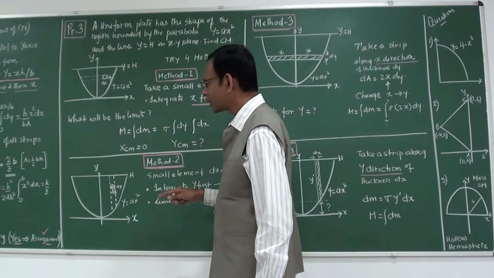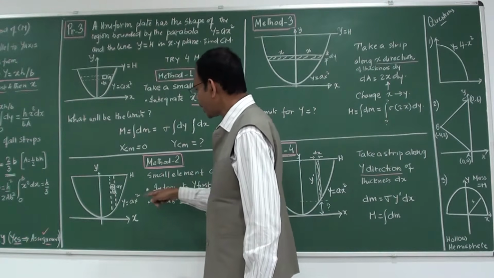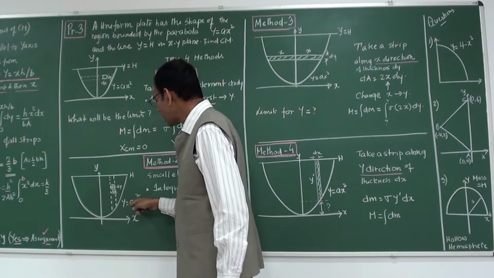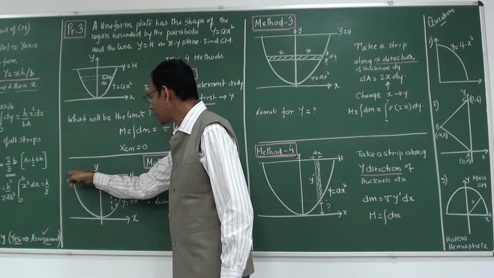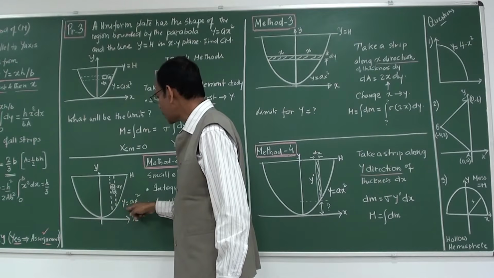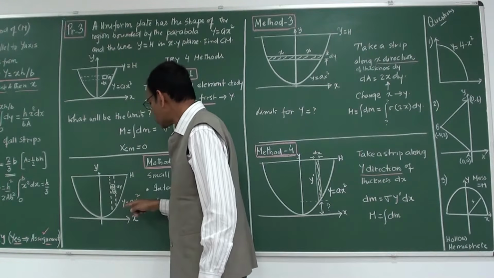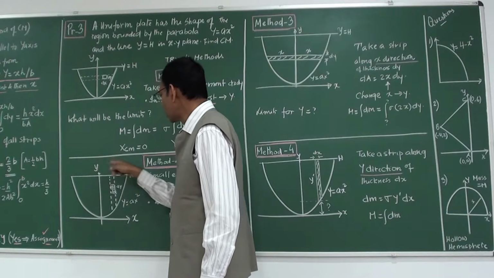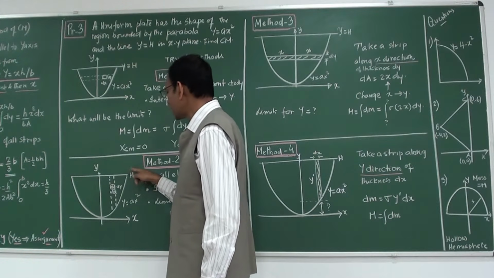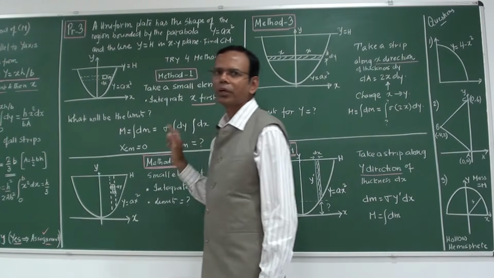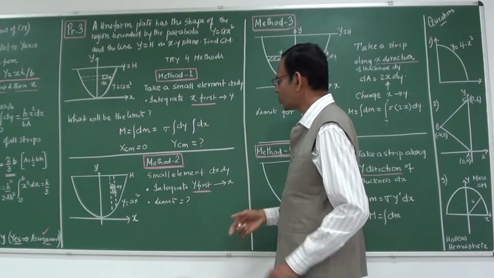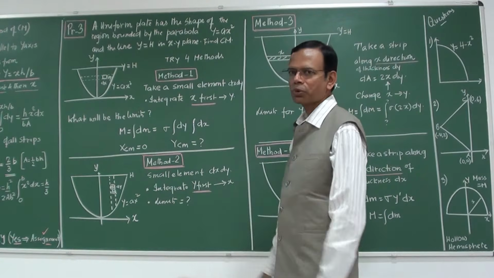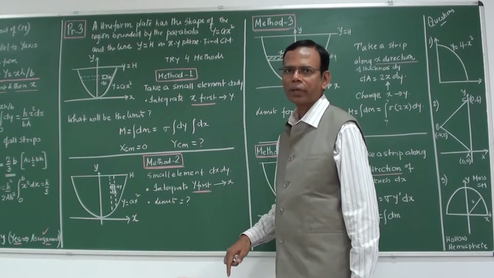Because you are taking the limit of x, x at this point is root of y by a. Now what is y here? y here is h. So minus root of h by a to plus root of h by a. That is the limit of x, and that is how you can solve this problem and you will get the same answer.